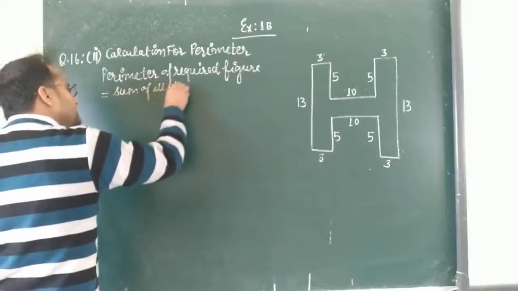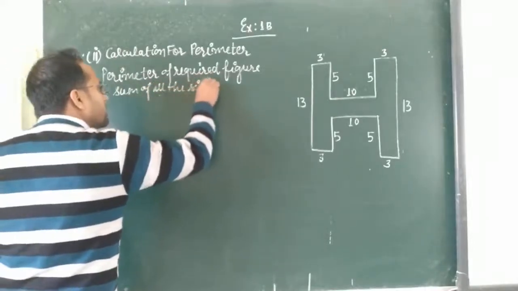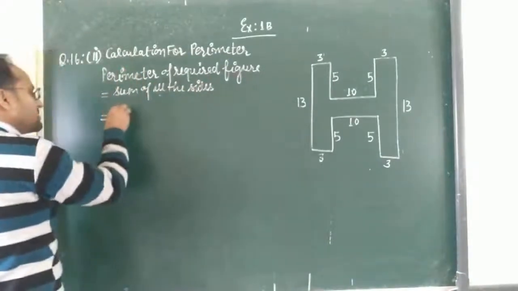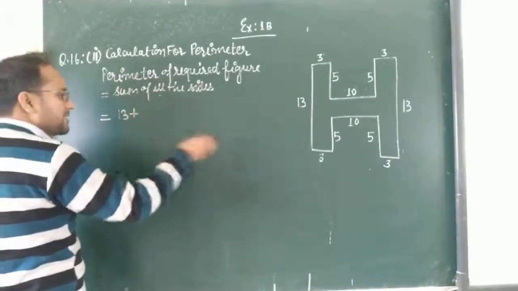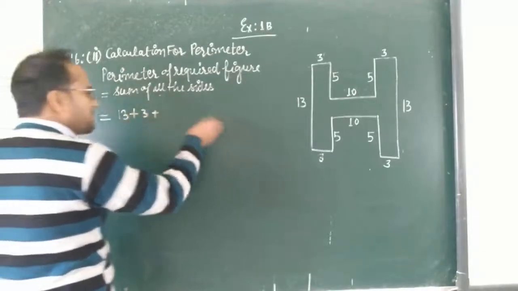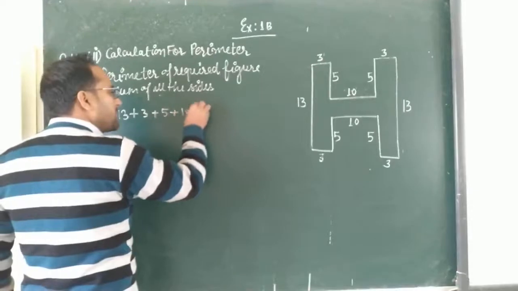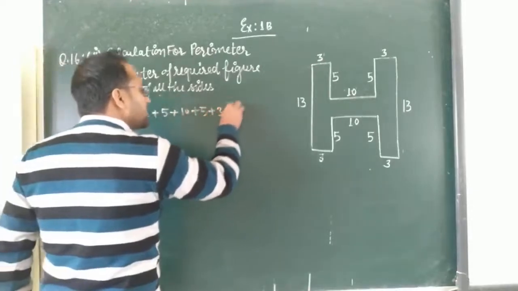We start with this 13, 2 times, that is 13. 13 plus 3 plus 5 plus 5 plus 10 plus 5 plus 3 plus 13.